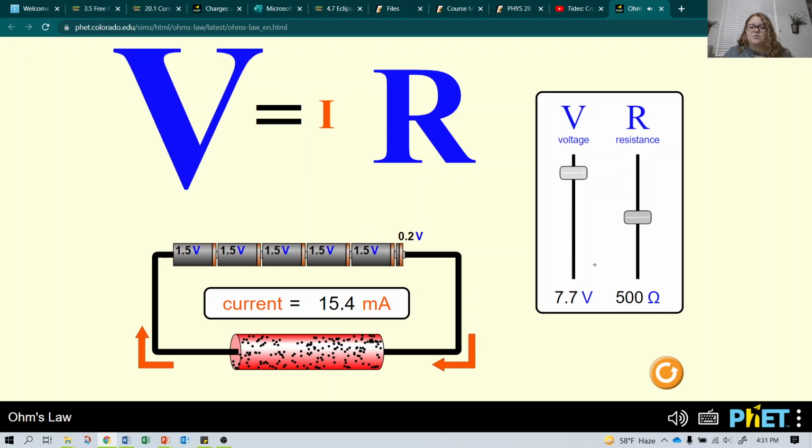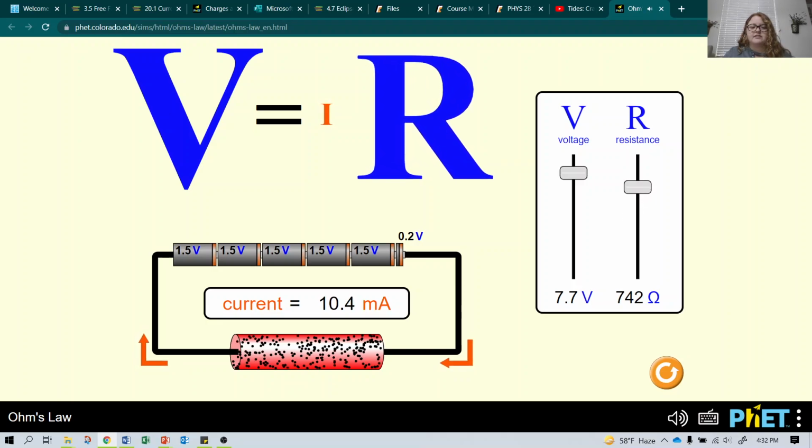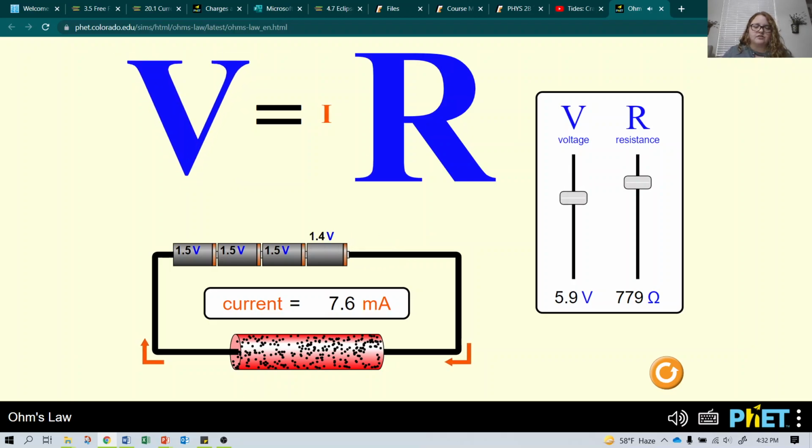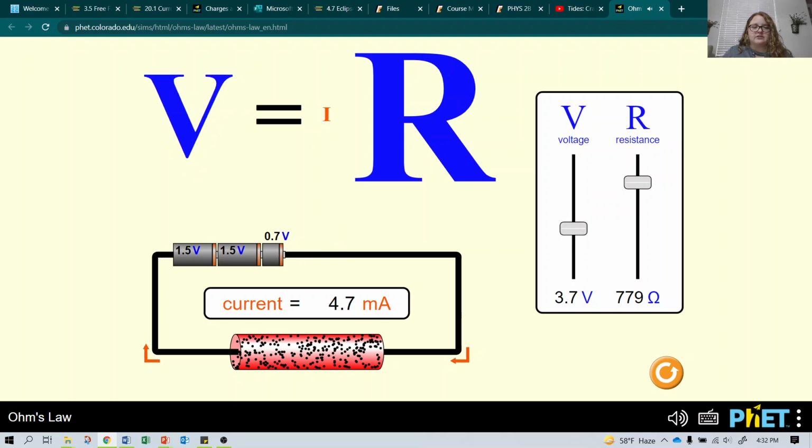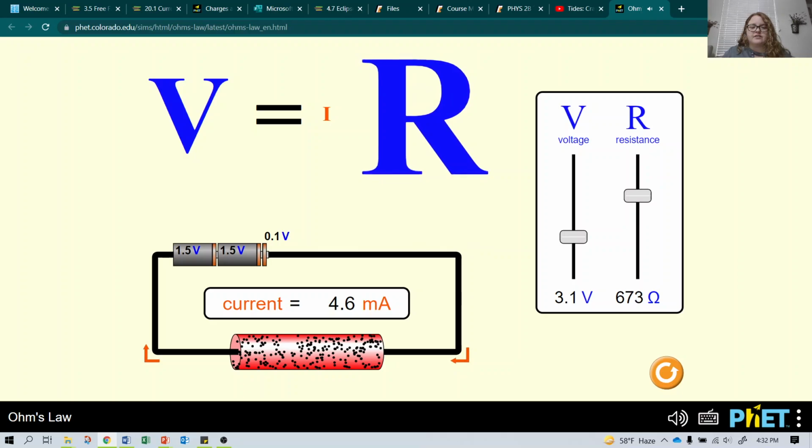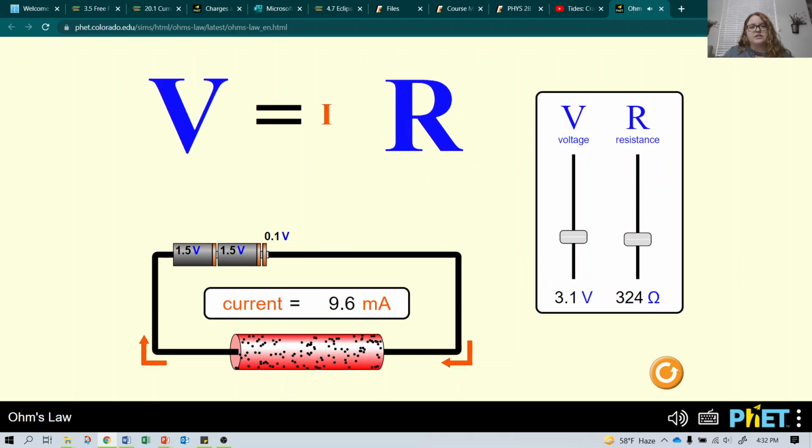Now, if I do the same with resistance, increase my resistance, my current is going to lower. Now, if I decrease the voltage, my current is going down. If I decrease the resistance, my current will increase. So looking at those relationships can kind of help you understand what this all means.